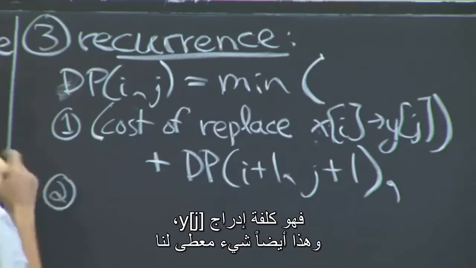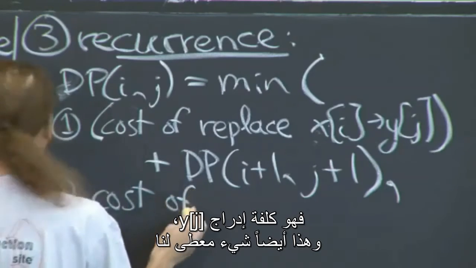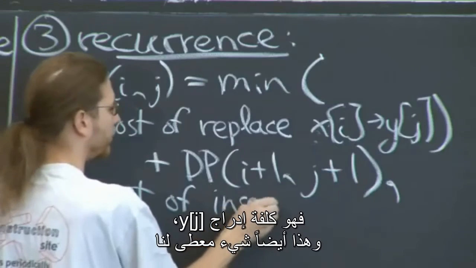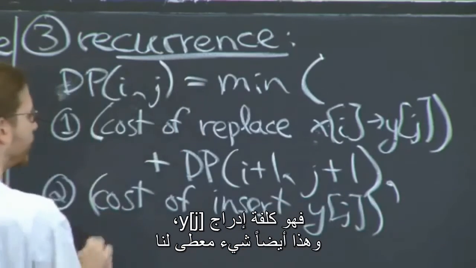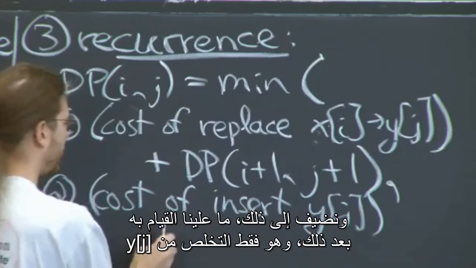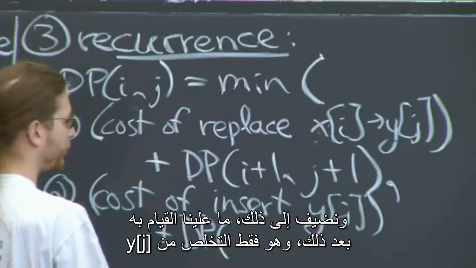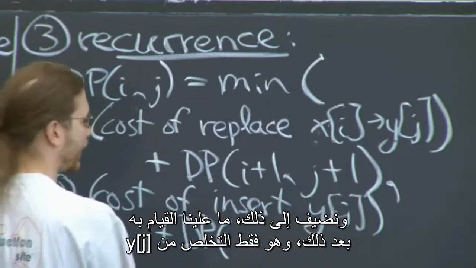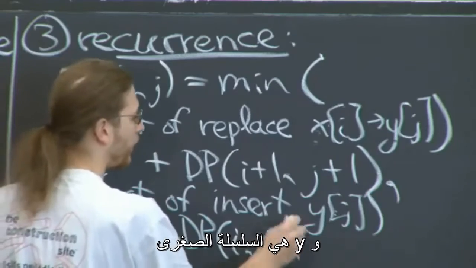Option 2 is we have the cost of insert yj. So that's also something we're given. Then we add on what we have to do afterwards, which is we've just gotten rid of yj. So x still has the entire string from i on, and y has a smaller string.